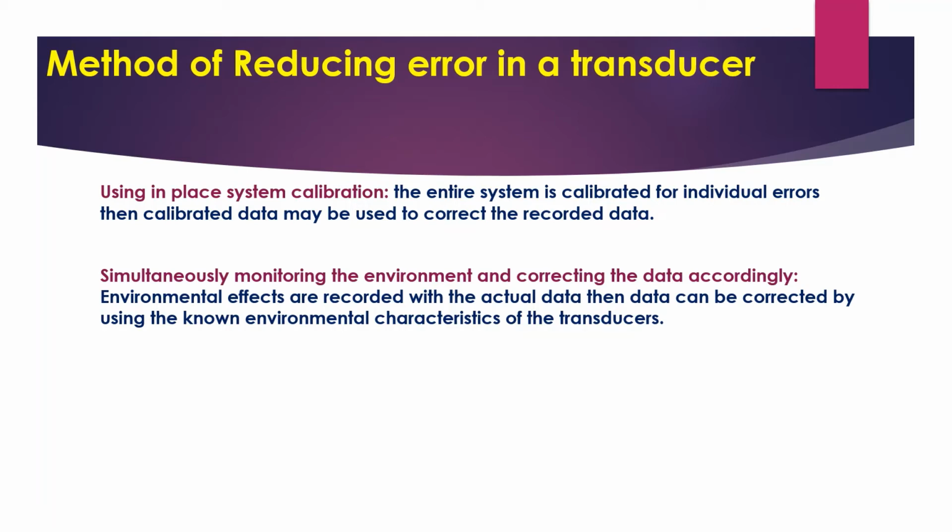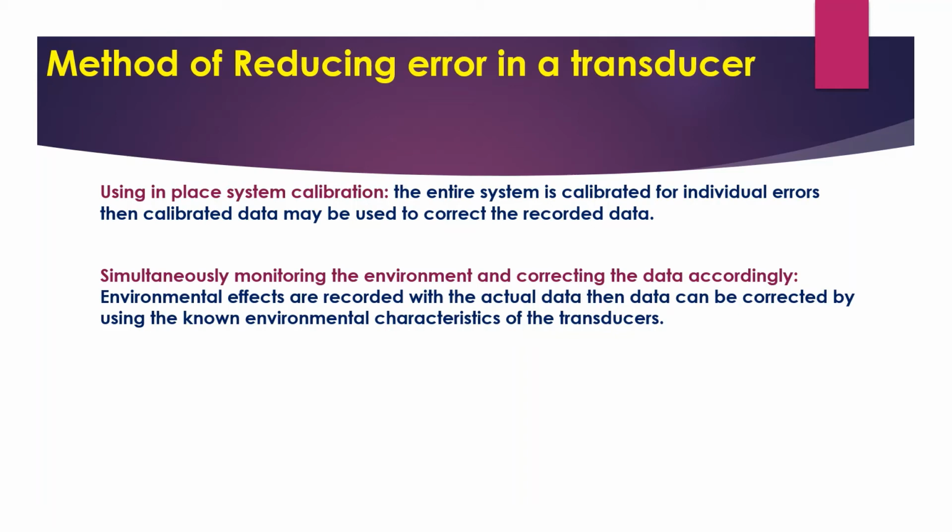There is a transducer in the air conditioner called a thermostat. This thermostat continuously monitors the room temperature, and if the room temperature is at 17 degrees, there will be no signal generated by the thermostat.